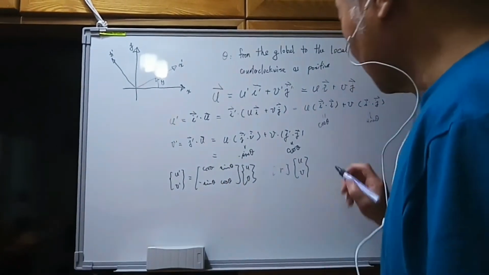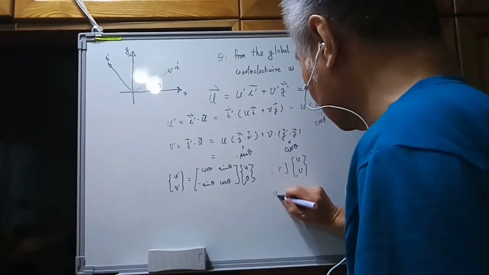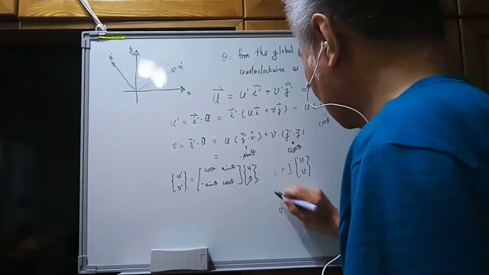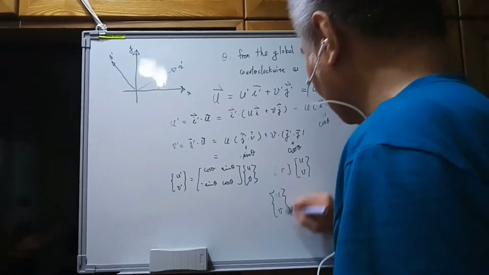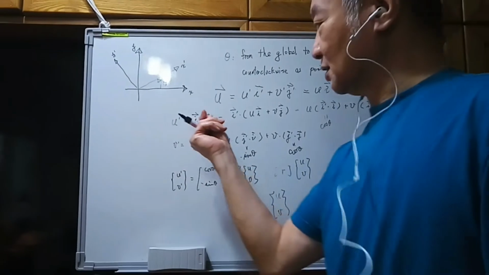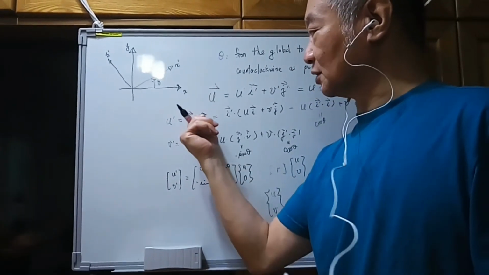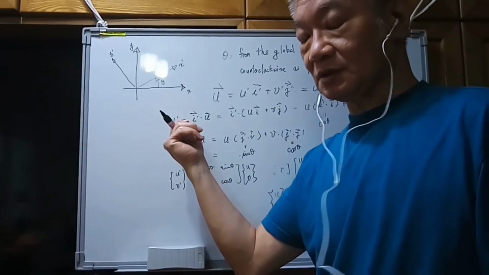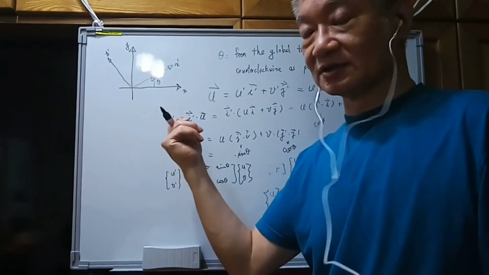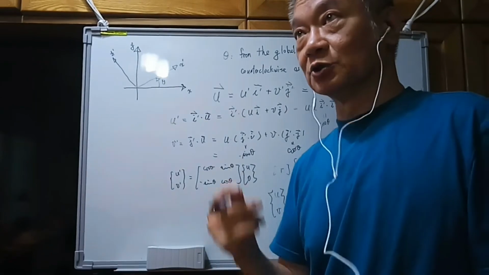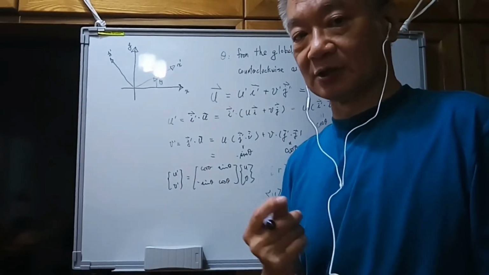Okay. Also, if we like to get u and v, then we can make the dot product between the u vector and the i vector. The i vector is the unit vector along the x direction.